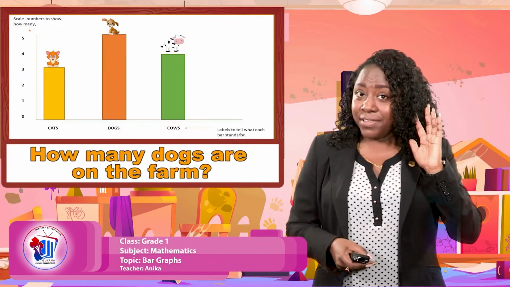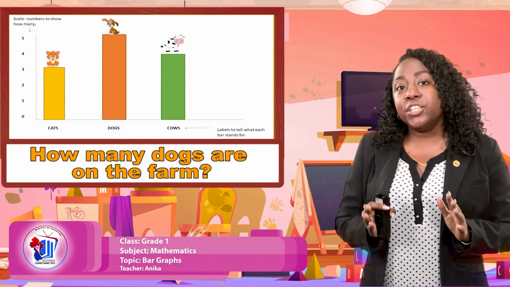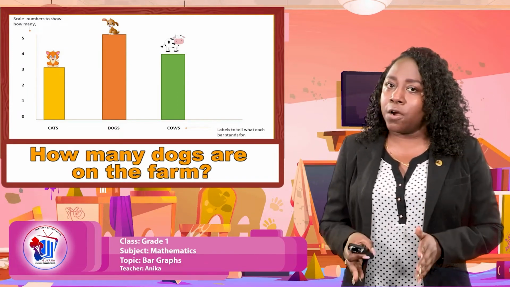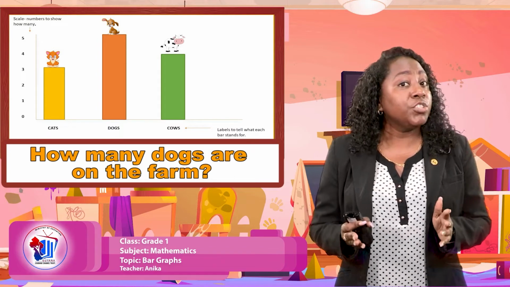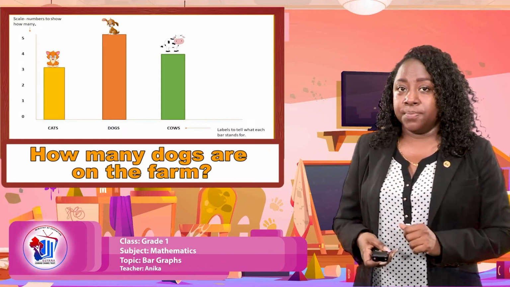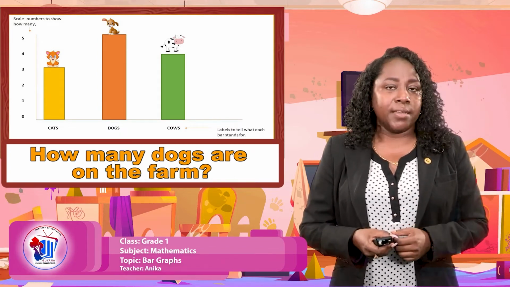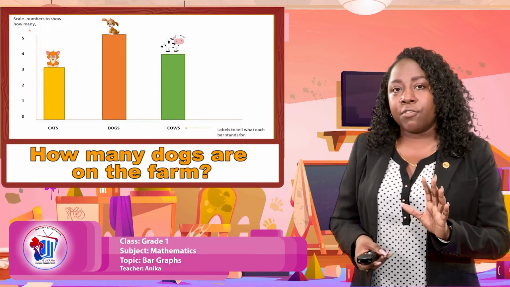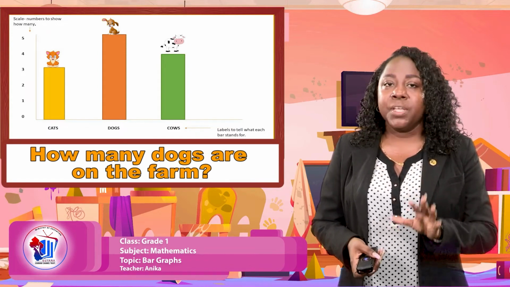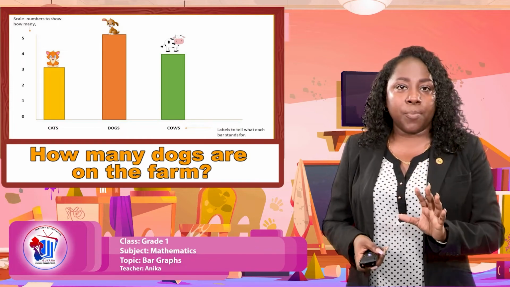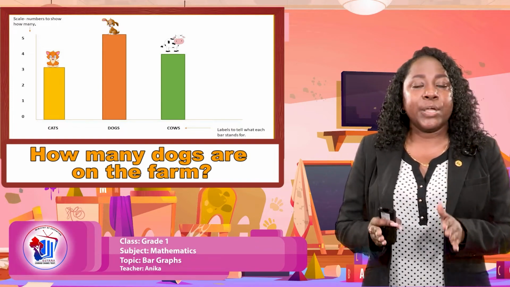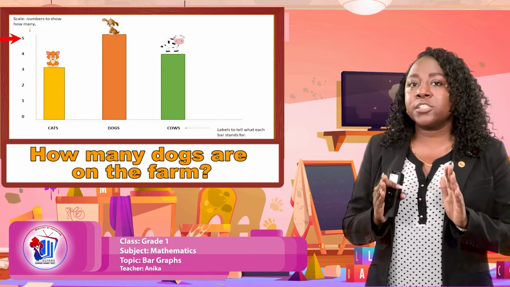Let's look at another question. Are you ready? All right, so listen carefully. How many dogs are on the farm? Now, to answer the question again, you have to look at the bar graph, take your time, interpret it, and read it properly. So you're looking to see what number the bar stops at.